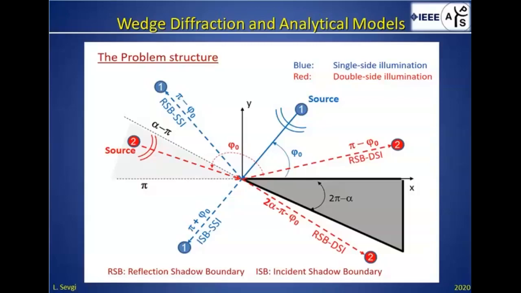But if you change the source from 1 to 2, the red ones in this region, source 2 illuminates both the top face and bottom face. Both of the boundaries of the wedge are illuminated. So we have two different scenarios. In scenario 1, the blue one, we call it single side illumination. In the second one, double side illumination.